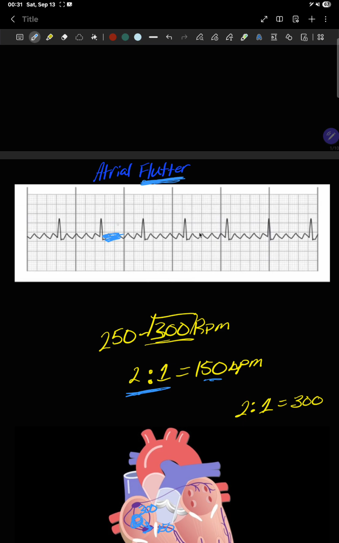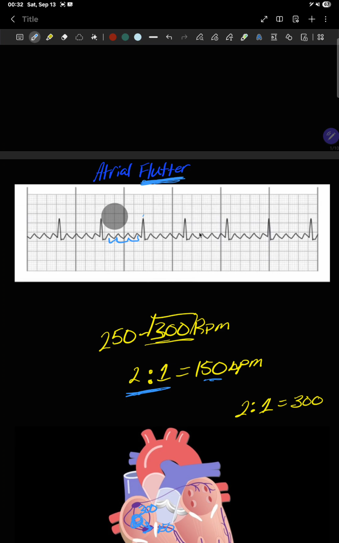And there would be 1, 2. 2 between the QRS. Now, notice how when there's 4 here, right there, see the spacing? Look at that spacing. That's pretty wide, right?